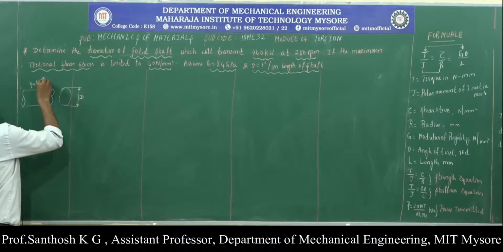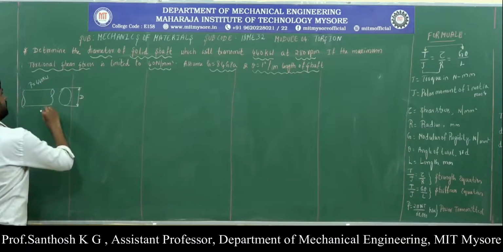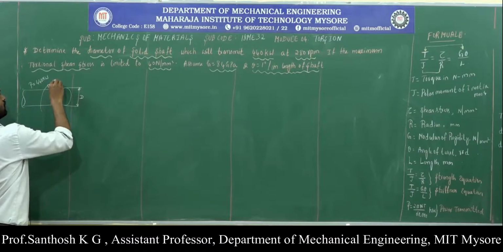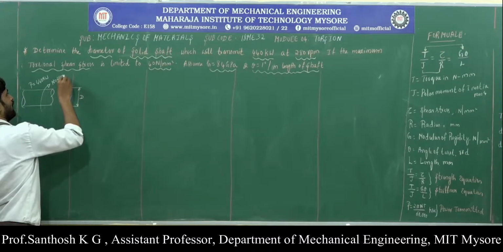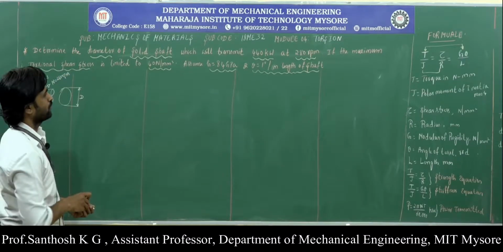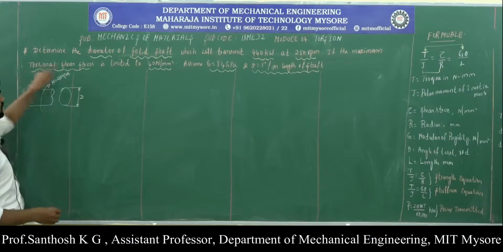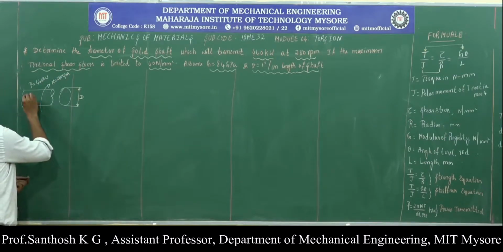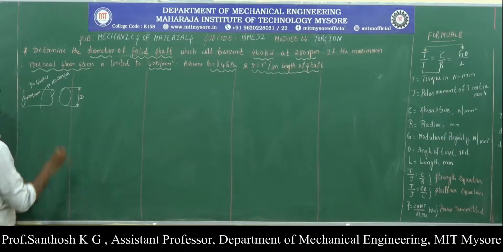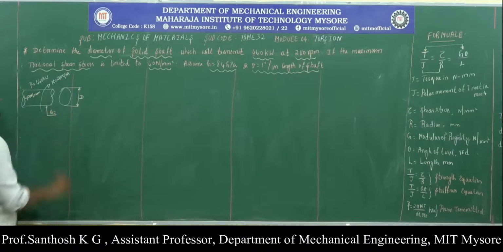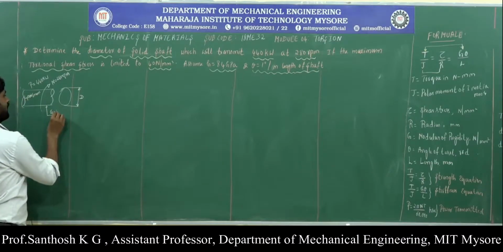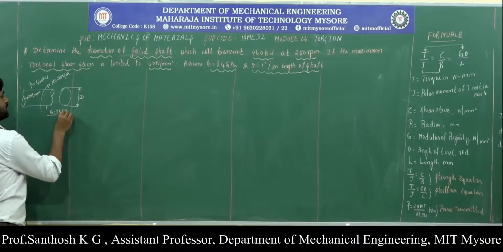440 kilowatt by means of rotation. It is rotating at a speed of 280 rpm. The maximum torsional shear stress that can be induced in this shaft is 40 Newton per mm square, and this member is made up of a material which has modulus of rigidity 84 gigapascal.